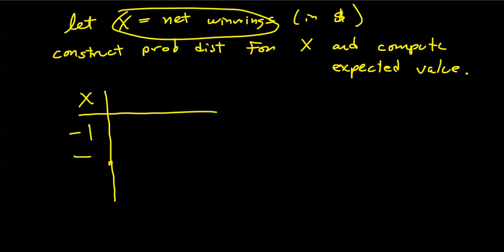Somewhat similarly, let's say you play this game and win $500. But remember, it's net winnings, so I've got to subtract off the dollar that I spent to play. So in case I win, my net winnings would be $499.